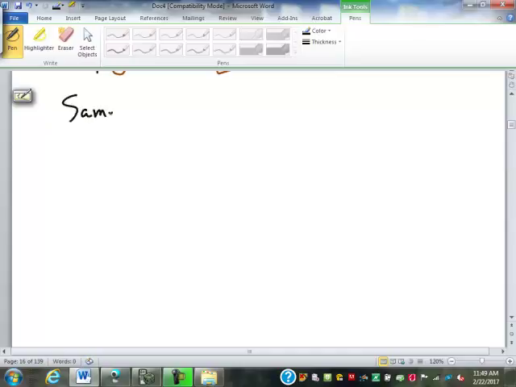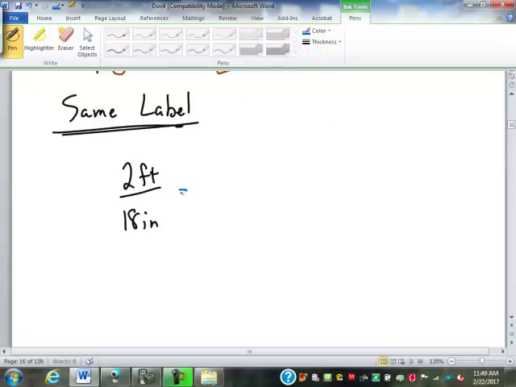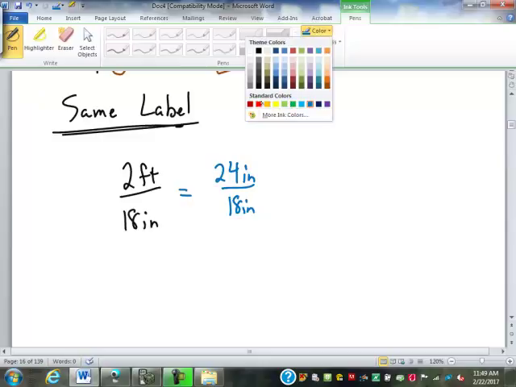In a ratio, that is a very important thing, both numbers must have the same label, same units. So a ratio compares two things that are the same. So if I have 2 feet compared to 18 inches, that is not a ratio. Fortunately, I can change it, 2 feet, I can change it to 24 inches. So now it's 24 inches to 18 inches, and now it's a ratio.